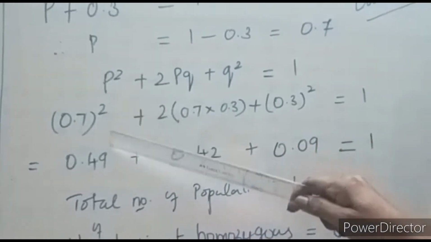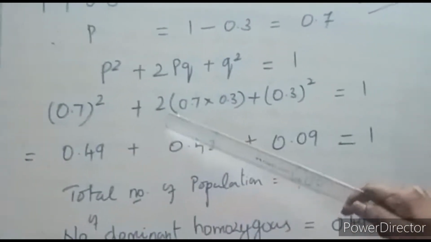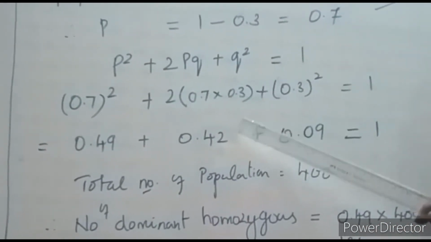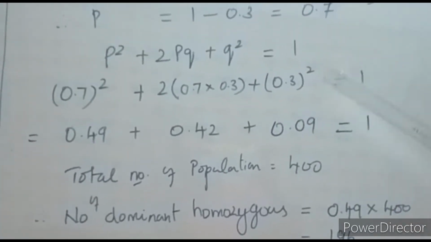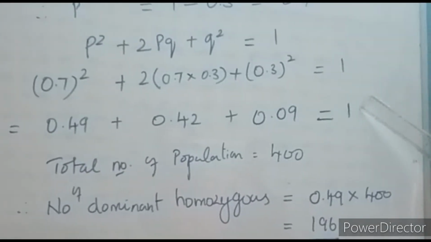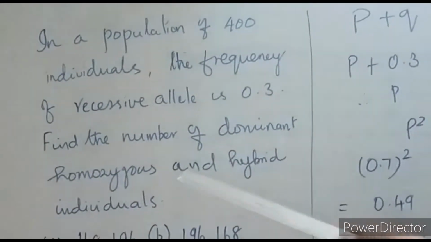Now the value comes as 0.7² is 0.49, 2 × 0.7 × 0.3 is 0.42, 0.3² is 0.09, that equals 1.